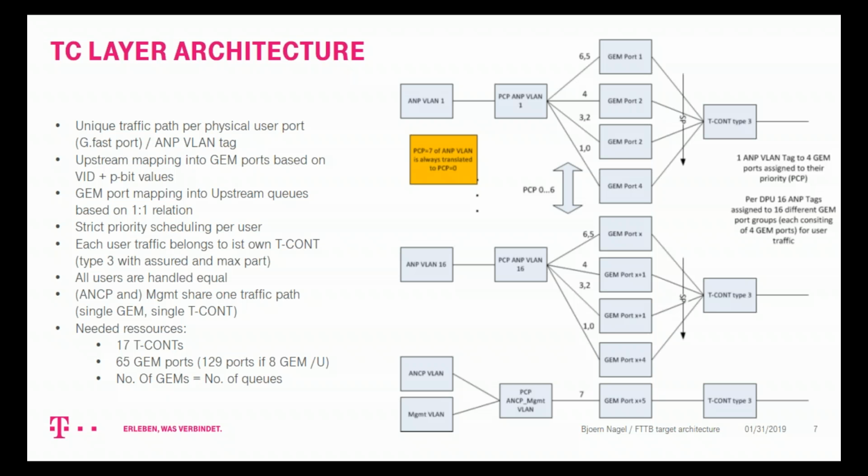Absolutely. So what I should mention here is, of course, we will not in any case have a fully populated DPU. What we will have per PON tree, that's the current phase of the discussion. Maybe that value will be changed, but not dramatically. For the moment, we are calculating 32 users per PON tree.